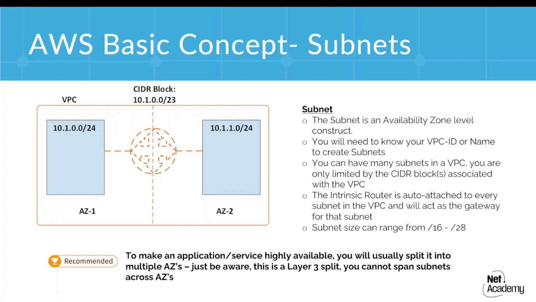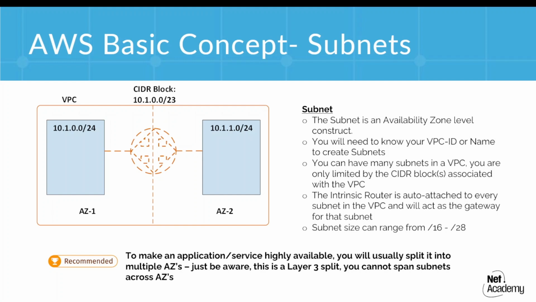Same thing over in the other subnet, 10.1.1.0/24, it's also going to reserve the first 3, okay? And there's really no way to override that behavior very easily. It's always going to act as the gateway for the subnet. There are some special cases. We may or may not get into those, but in general, your intrinsic router is going to auto-attach to each subnet.